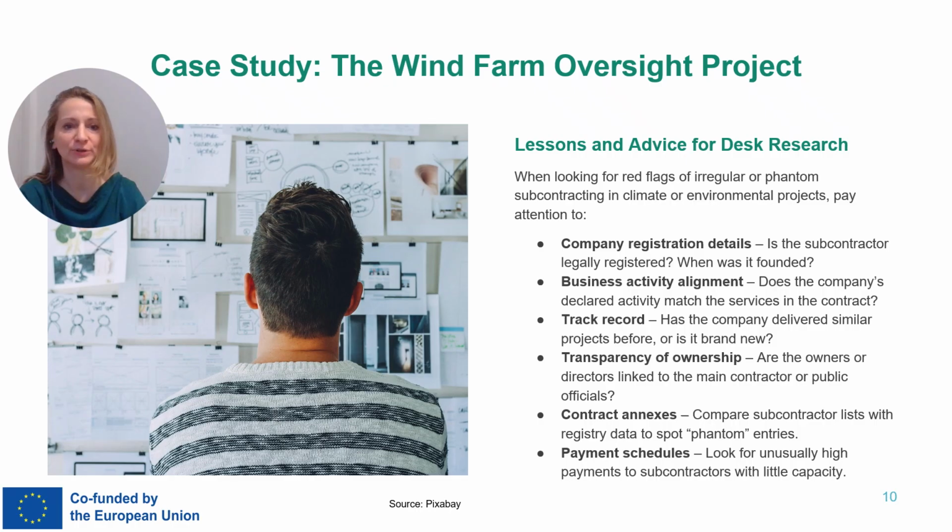Other documents reviewed were the companies' websites and public profiles. They looked for evidence of real operations, staff, or past projects. And financial disclosures, where available, of course. They checked whether the subcontractors had the capacity to actually deliver services.